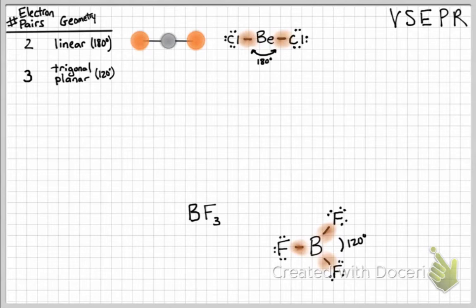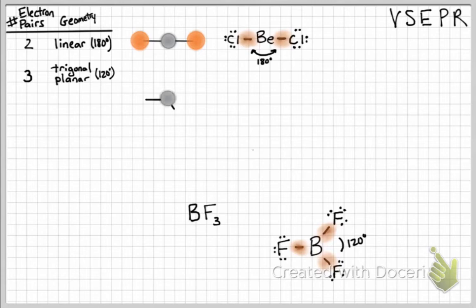Now we used the BF3 molecule. All of those electron pairs are bonds, but this geometry would also occur for any central atom that had 3 electron pairs, be those pairs bonds or lone pairs on the central atom. And we'll talk about how lone pairs affect shape in the next video.